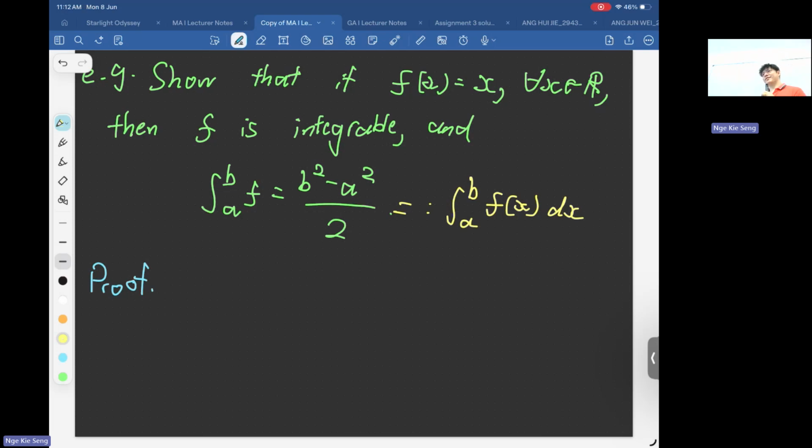Yes, plus c. Why is there a plus c? But then if you take the difference, the c disappears, right? Okay, so this is left with (b squared minus a squared) over 2.